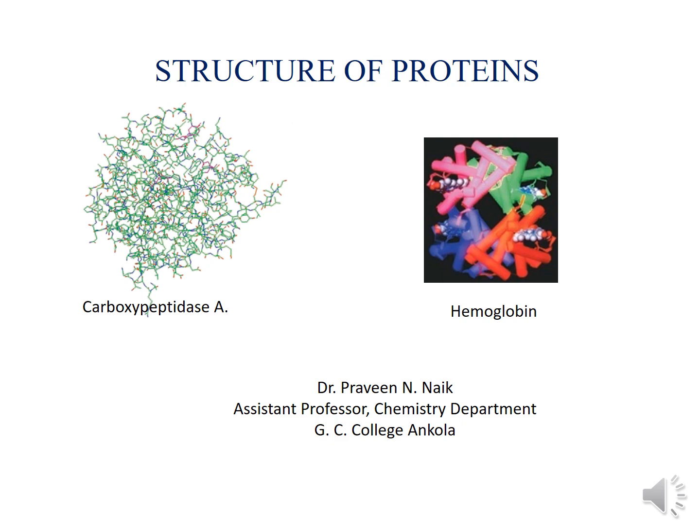So in the broader sense, the classification of proteins on the basis of molecular structure will be of two types: fibrous proteins and globular proteins. Again, the classification of proteins on the basis of hydrolysis product or the composition: remember, simple proteins, conjugated proteins, and derived proteins.